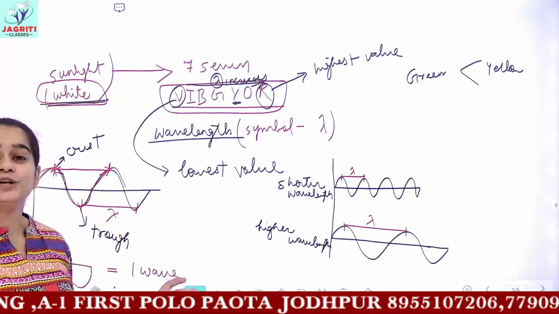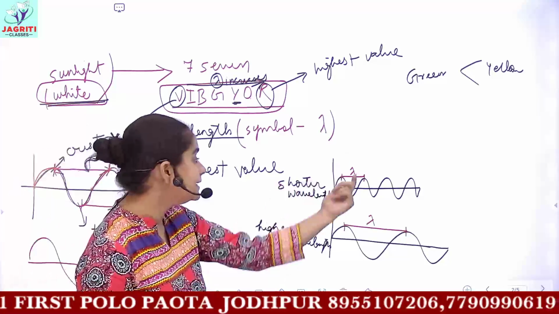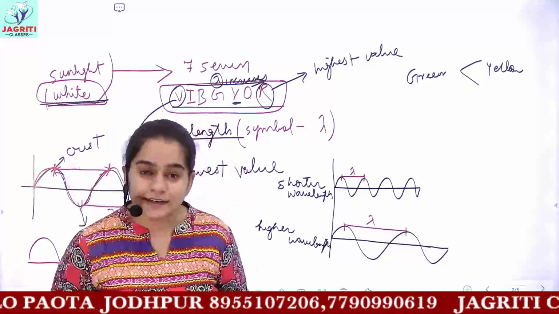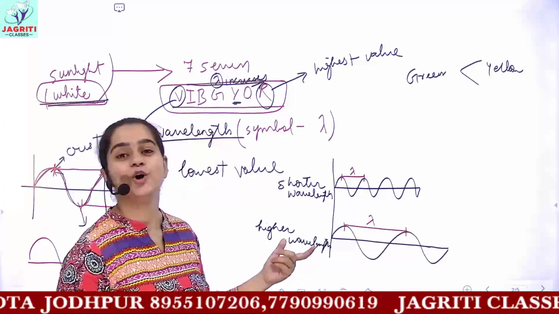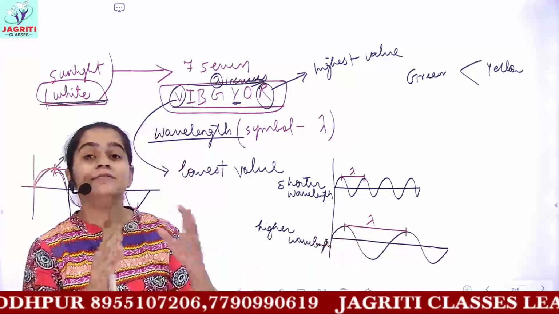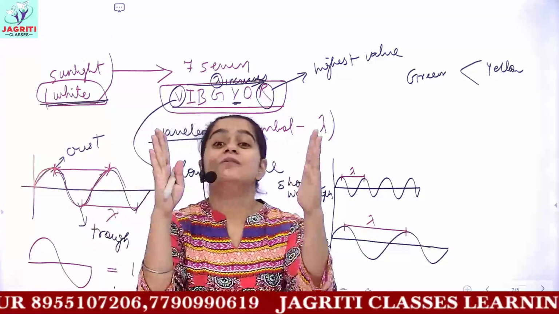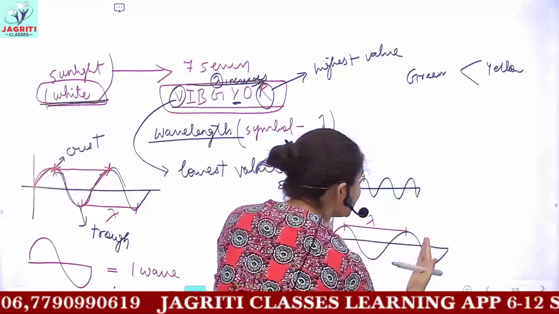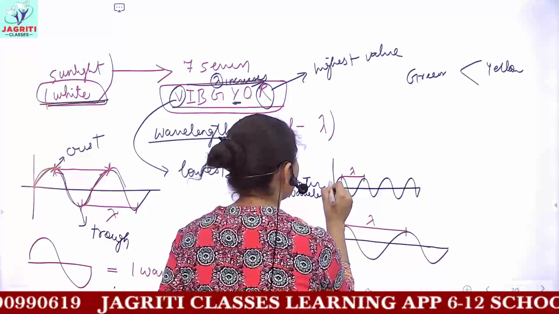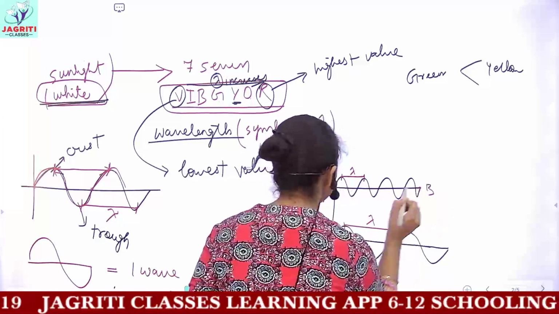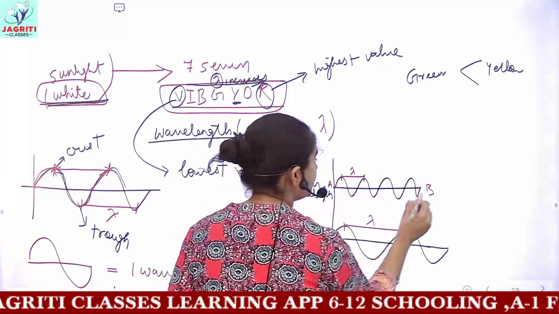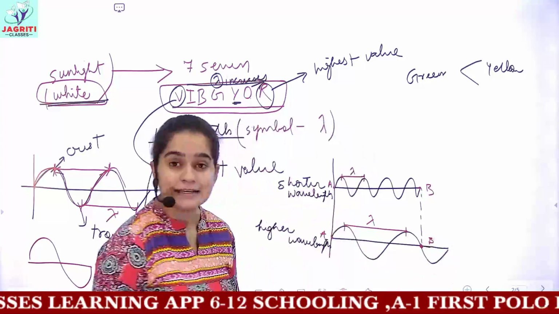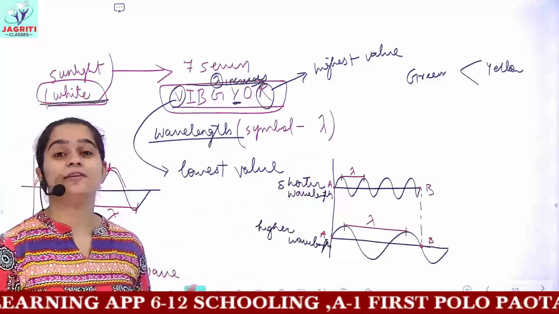So for denoting shorter wavelength, you will have many waves which are very near to each other, and for the longer wavelength, you have fewer waves in a given amount of space. If I consider a given amount of space from point A to point B, in the first one, how many waves do I have?